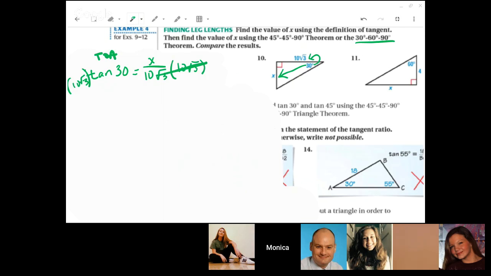Now, the way that you put that in your calculator is I would do, well, Abby, on yours, you should be able to type in 10 root 3 and then times tan 30. See if you can do that. Okay, what'd you type in?